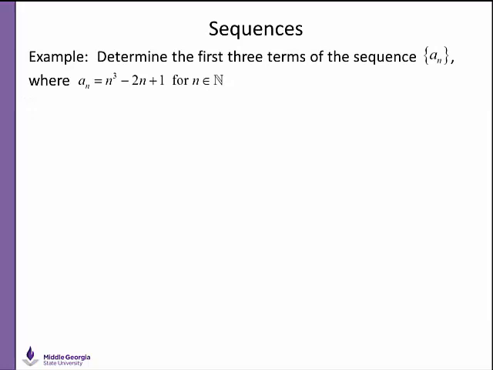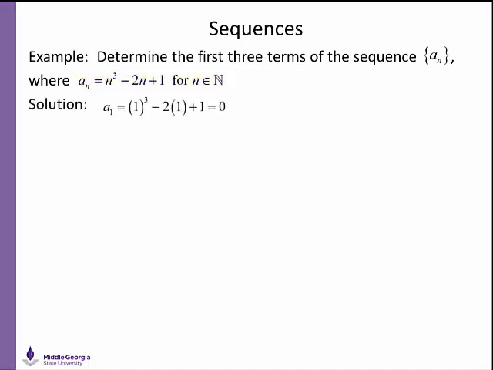Example: determine the first three terms of the sequence a sub n, where a sub n is equal to n cubed minus 2n plus 1 for n an element of the natural numbers.